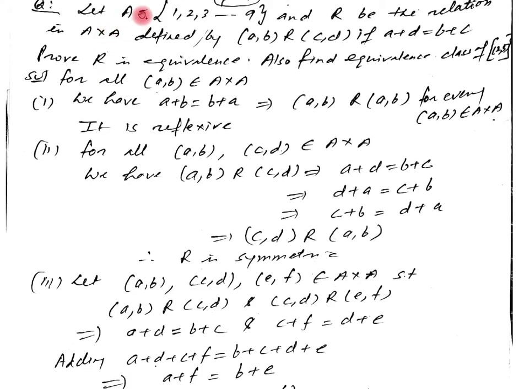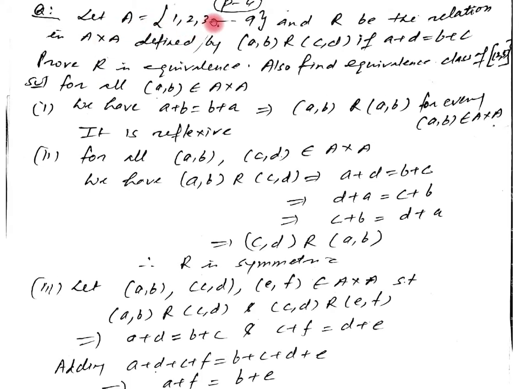The question is here: A be a set having elements 1 to 9. R be the relation in A cross A defined by (a, b) related to (c, d) if a plus d equal to b plus c. Now we have to prove that R is an equivalence relation. It means first we have to check for reflexivity.